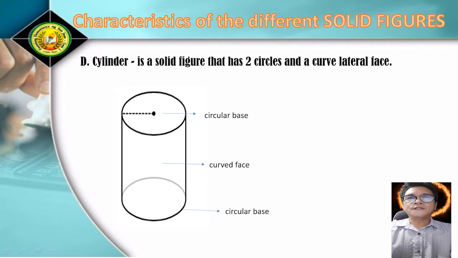Letter D. Cylinder is a solid figure that has 2 circles and a curved lateral face. Okay, a cylinder has 2 circular bases, the upper base and the lower base. Pwedeng baliktaran yan. And it has a curved face.